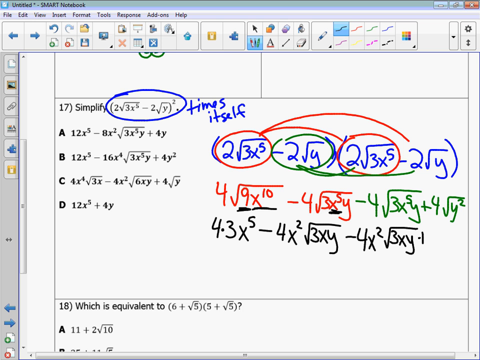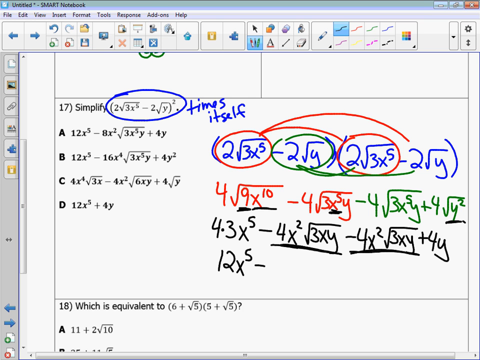Let's simplify this down. So we have 4 times 3 at the beginning, so we have 12x to the 5th minus, if you notice, these middle two terms are like terms. We have x squared, square root of 3xy, and x squared, square root of 3xy. There's negative 4 minus 4, negative 8, x squared, square root of 3xy.